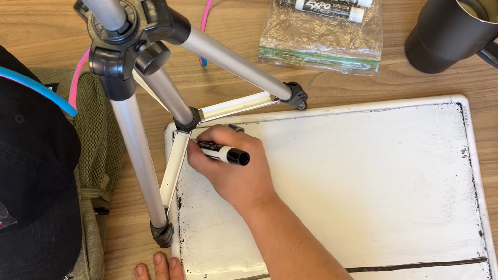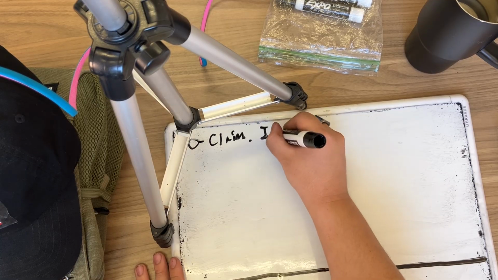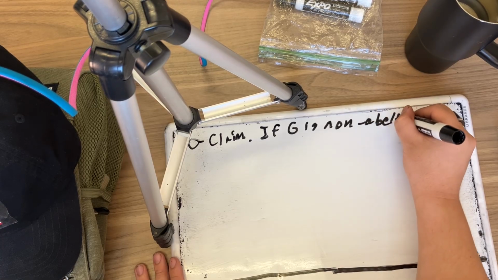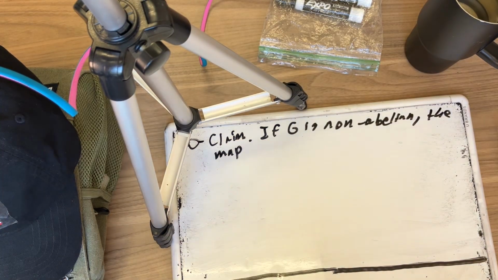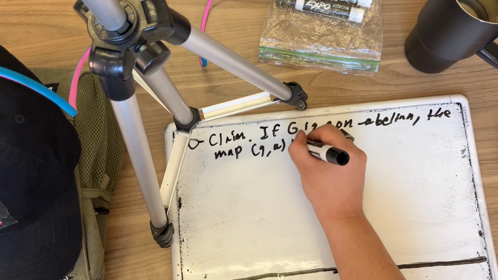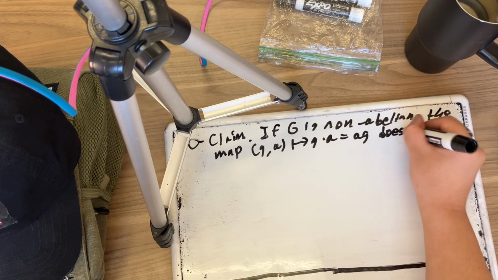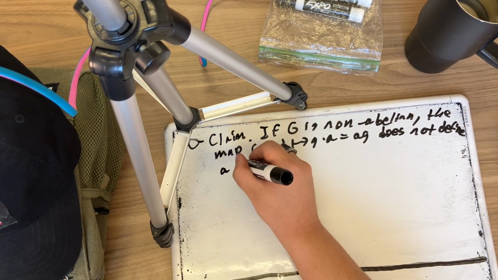And see what we can make of it. So to start, a claim: we want to show if G is non-abelian, the map (g, a) to g dot a is equal to ag does not define a left action.